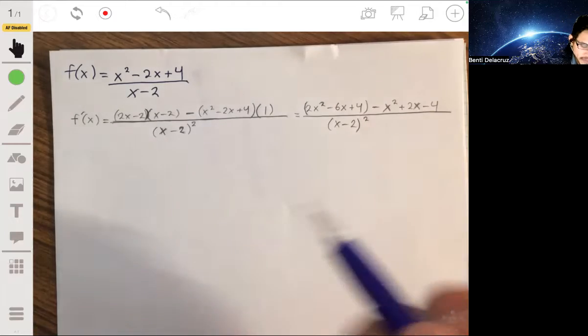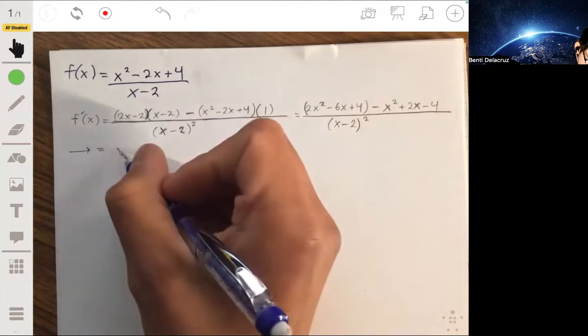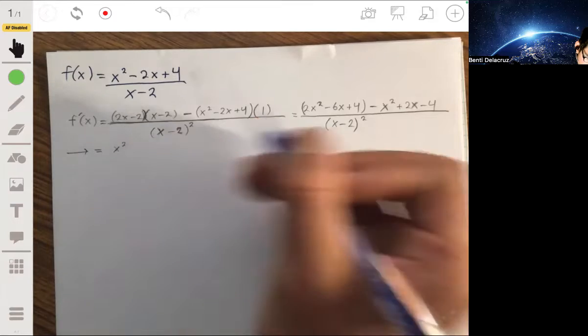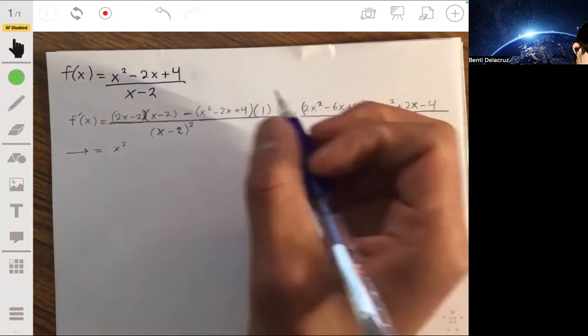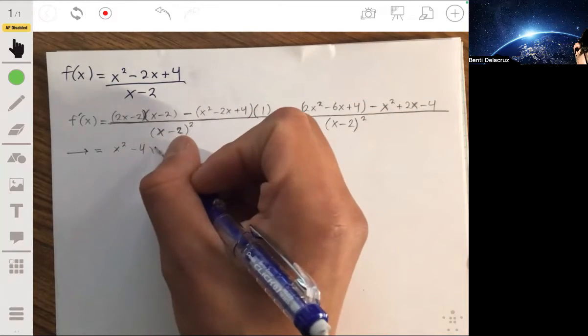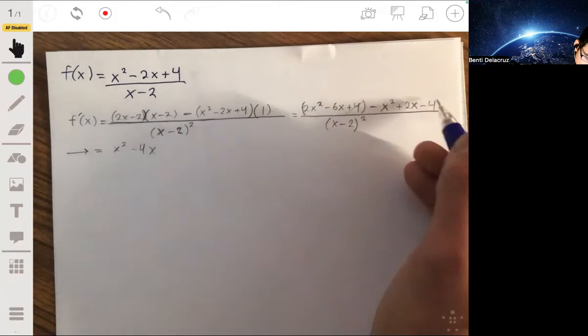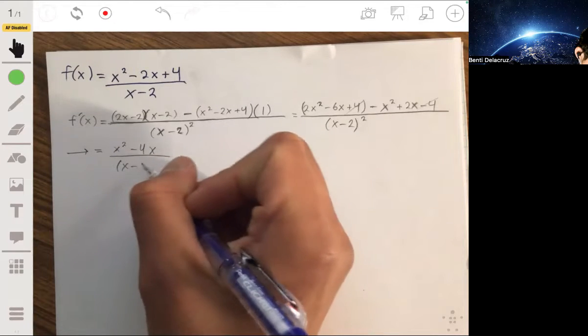Then we just use some algebra. We'll get that the first derivative will be x squared minus 6x plus 2x, so minus 4x. And then the 4 and negative 4 will cancel. This will be all over x minus 2 squared.